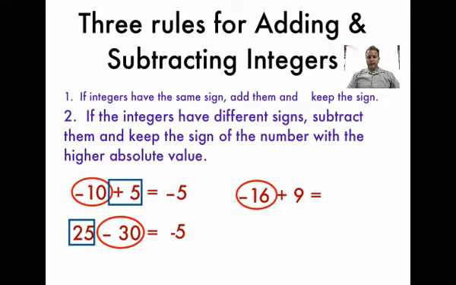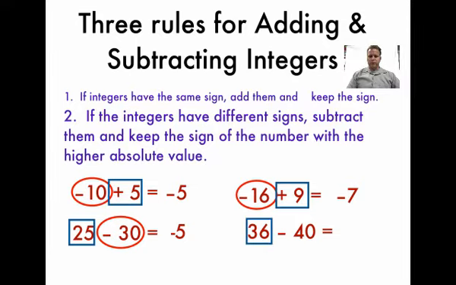We've got a -16, so we get the red circle. A positive 9, so the blue square. Subtract, and we'll get a -7. Our next problem is 36 minus 40. Blue square, red circle will give us a -4.